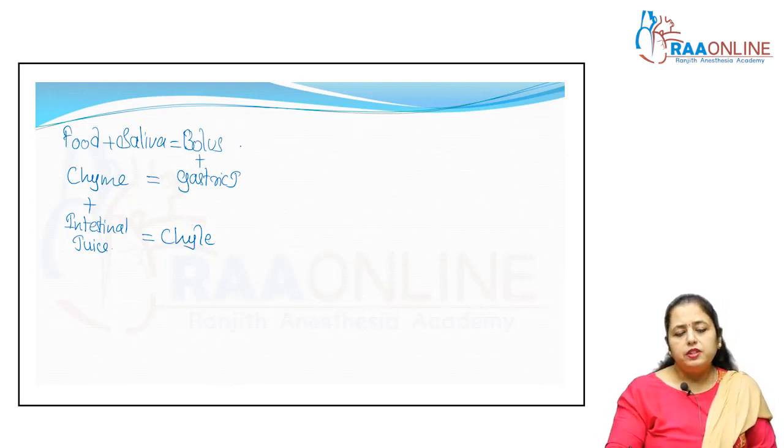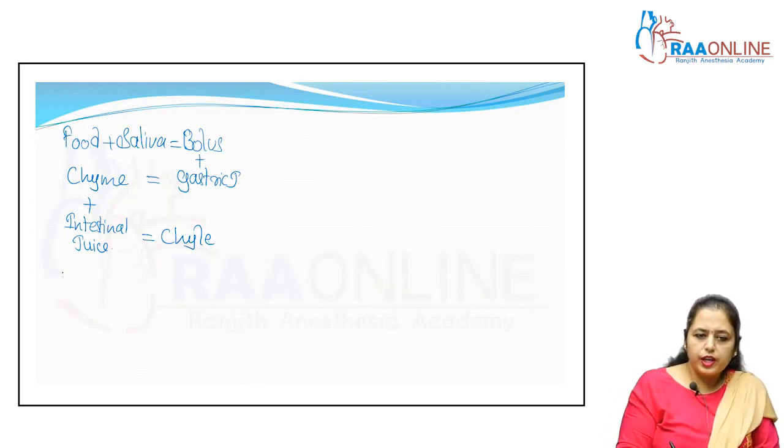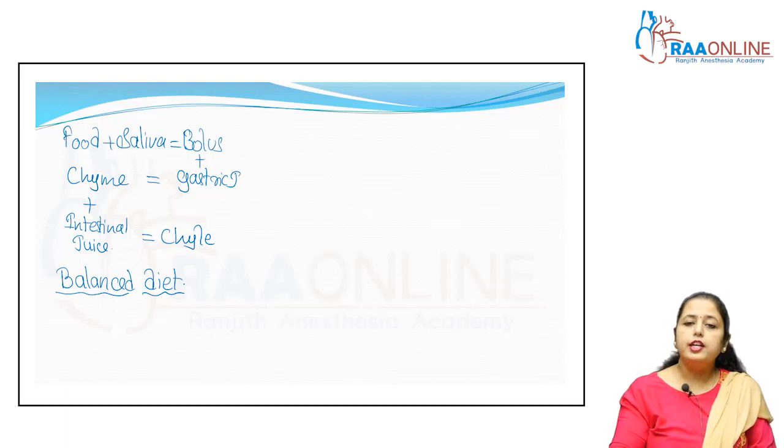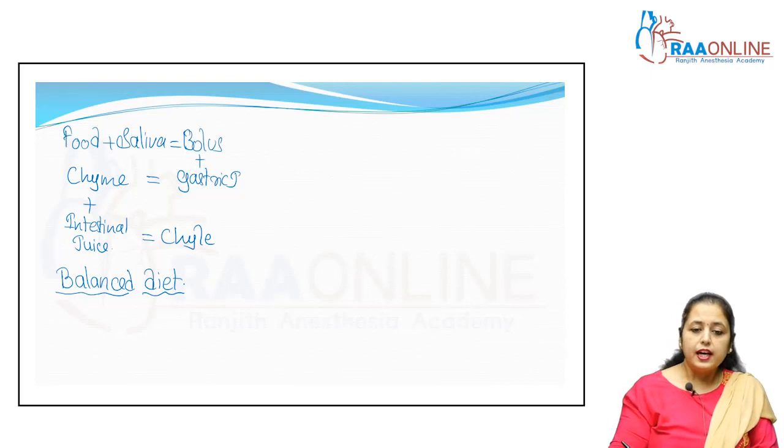Now there is a question related to the balanced diet also, right? What is a balanced diet? It means taking a proper and adequate amount of carbohydrate, protein and fat in our daily routine life.